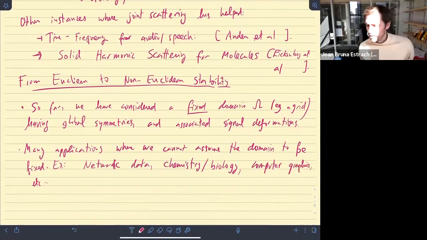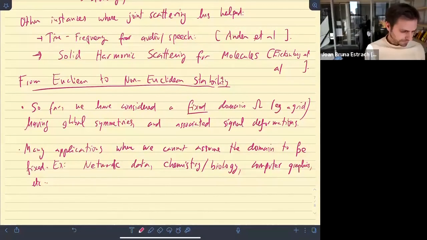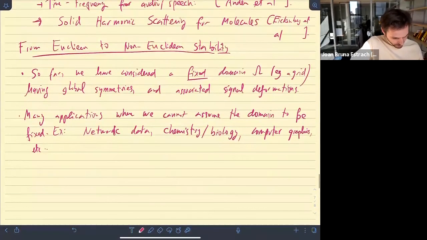So in these examples, there's no domain that is fixed. But still, the domain has some geometric structure.